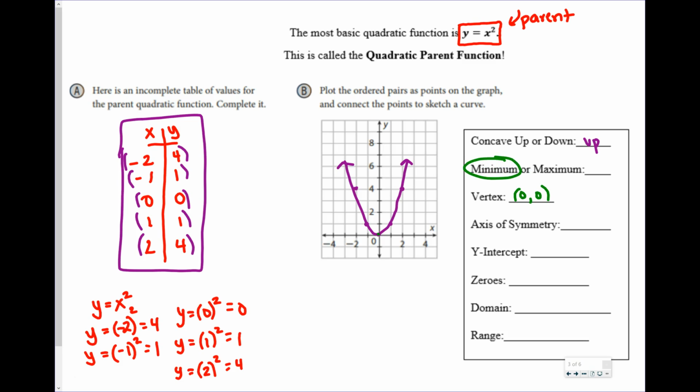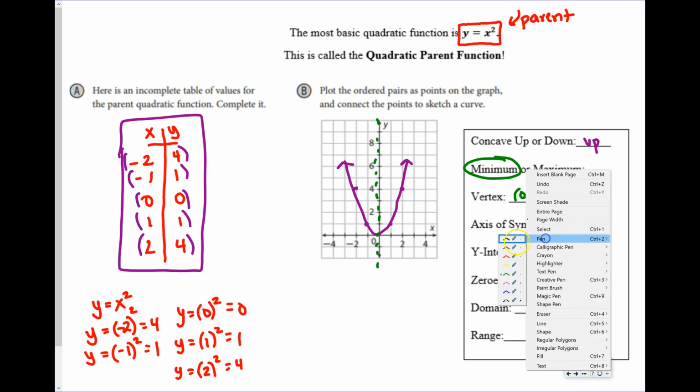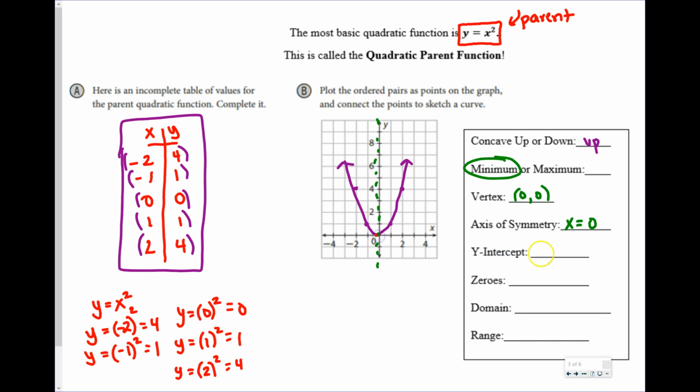That's the lowest it can go. That's a minimum value. Your axis of symmetry is the line going right through 0, so we call that x = 0. It's always an equation of wherever it's going through. Your y-intercept happens to also be right here at the vertex, so your y-intercept is (0, 0). It does have a zero. Also, it's at (0, 0).